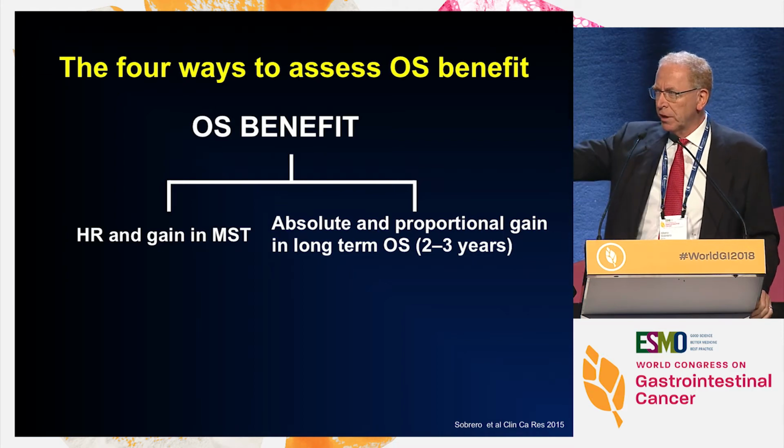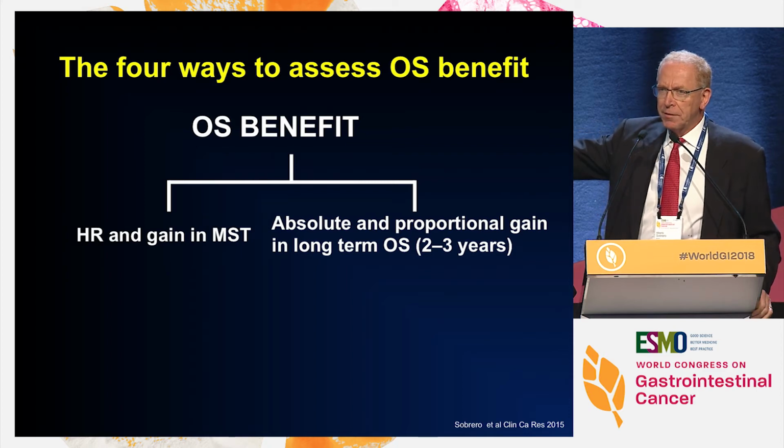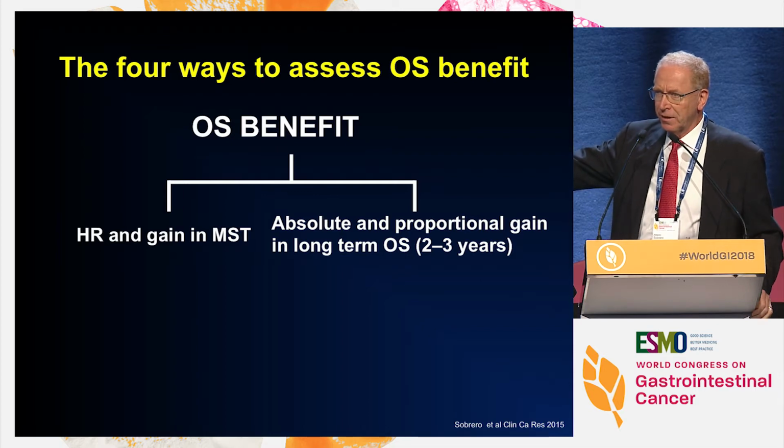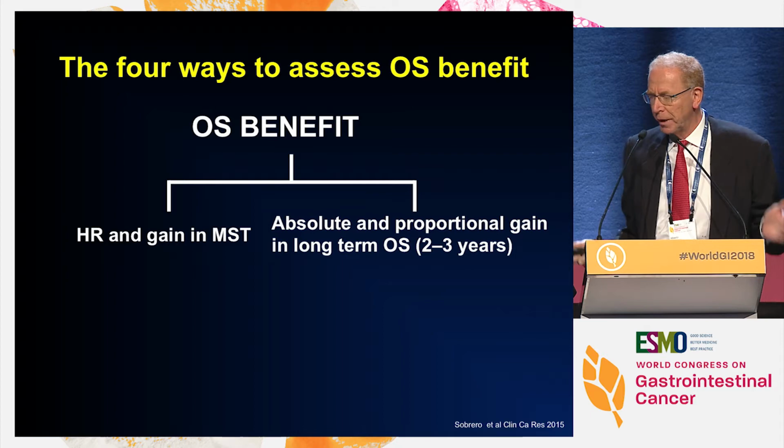The third is looking at the long-term effect, and you can express this as the absolute difference, say 10% more, or relative increment, that is, if the control was 10% at 3-year overall survival, and you add 10%, that's 100% proportional increase. So you see how we can play with these.